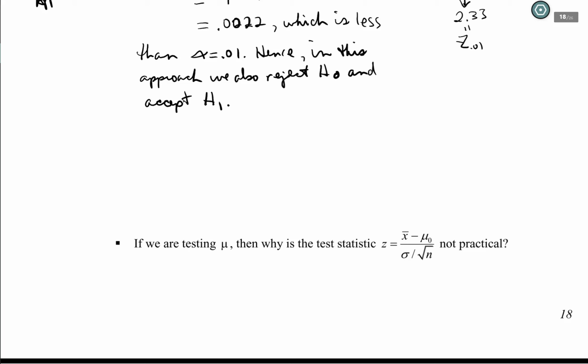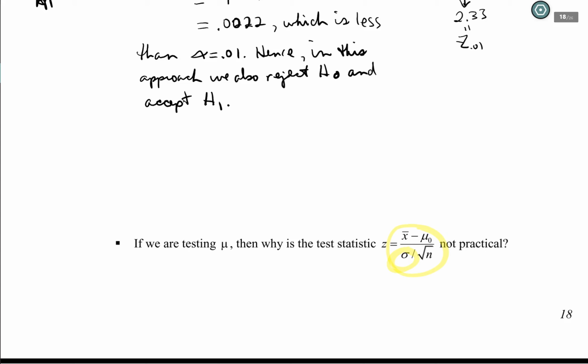Pedagogically, we've gone through a lot of good things that are practical, but this particular formula, as it stands, is not practical because we don't know sigma. We don't know the standard deviation of the population, and so we don't have anything to plug in there.